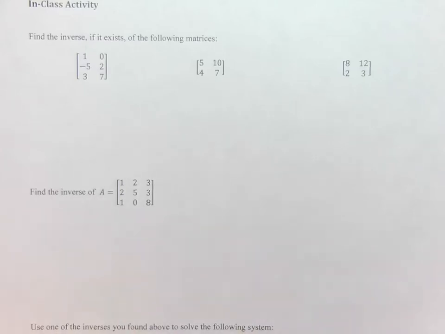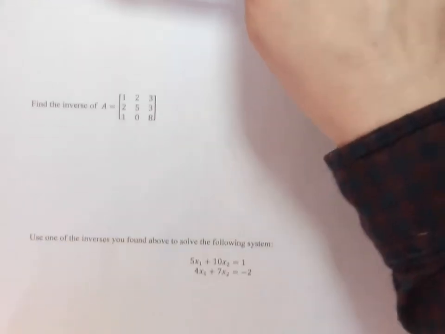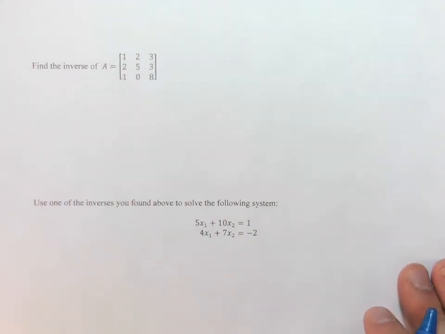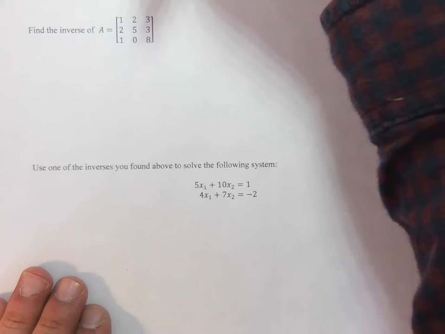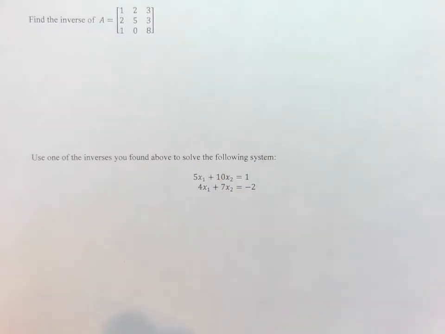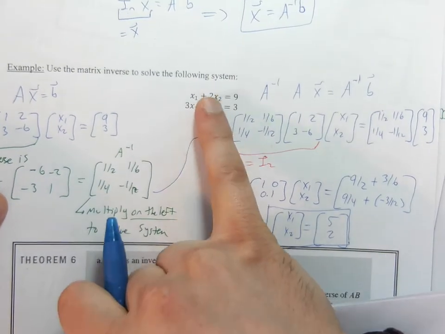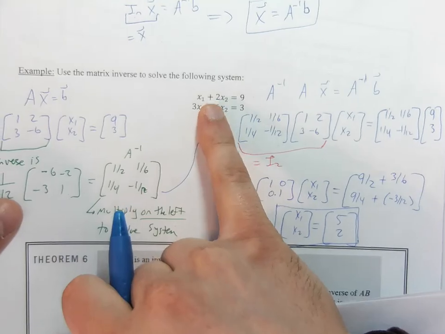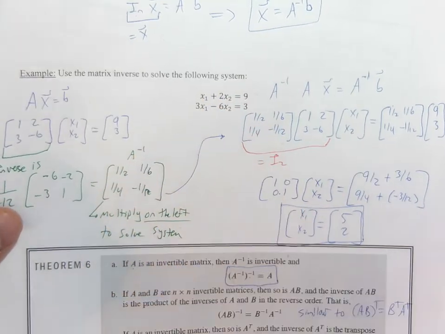And then on the last problem here, this is a linear system. Let me set up the linear system just to make it more clear. This is a lot like what was on page 7 here, right? It's kind of like this problem where we're going to solve a system by multiplying on the left by the inverse.